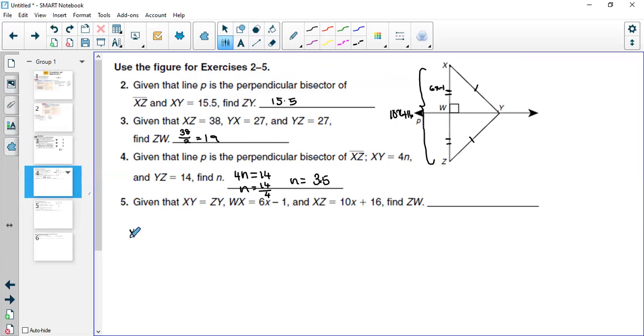The length of XW plus ZW is going to be equal to the whole length of XZ.